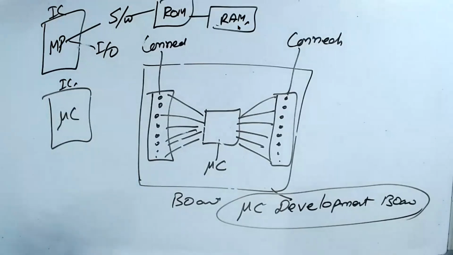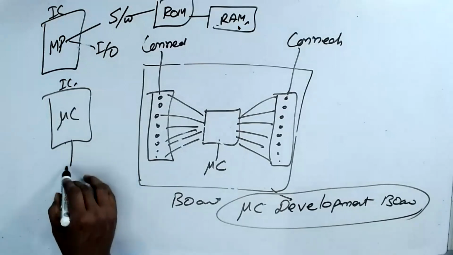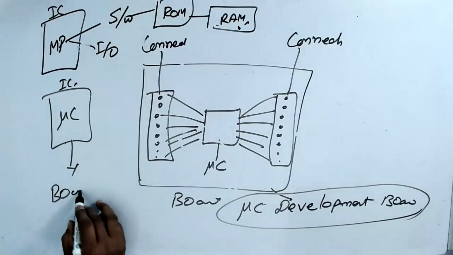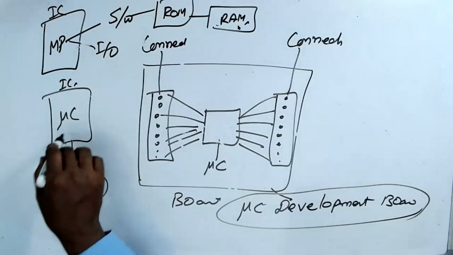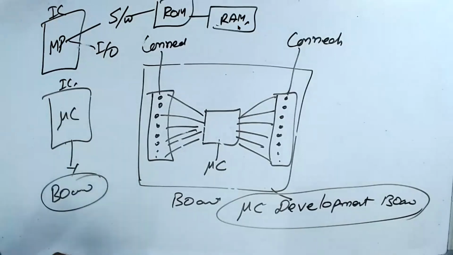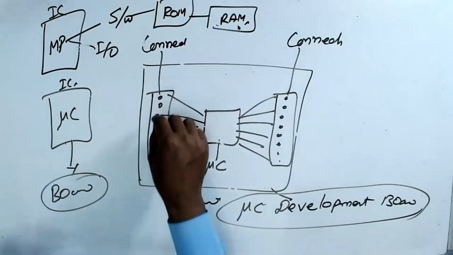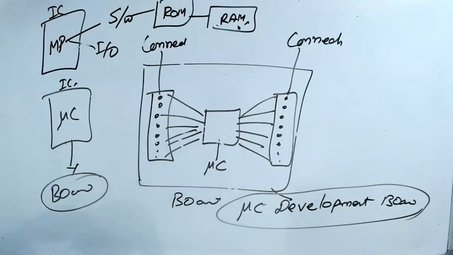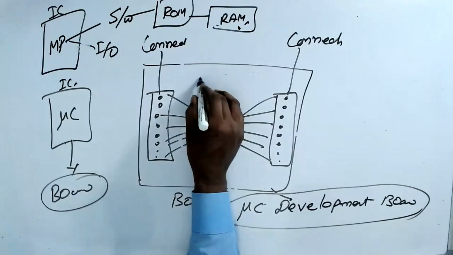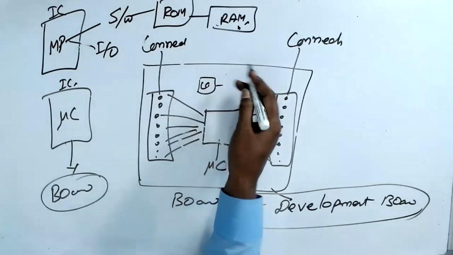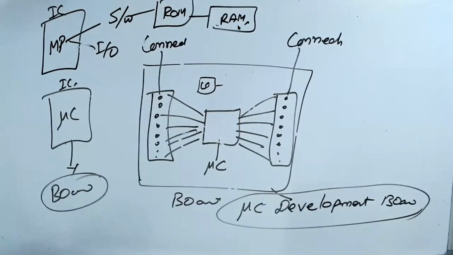Now this microcontroller is put on a board, because you cannot use the chip directly. How do you connect the pins? That's why they make a board, where you can easily connect wires and do experiments. They can put even LEDs and LCDs, whatever it is. You can make everything.